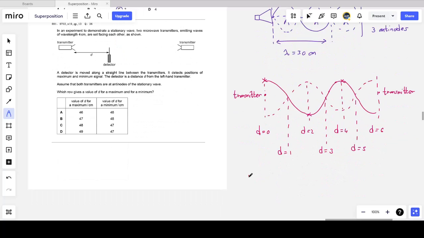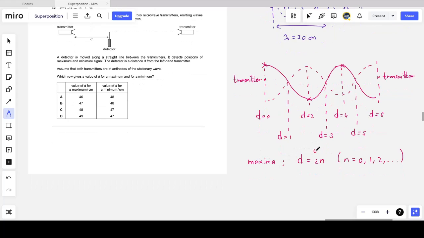So for the maxima, which are the antinodes, the positions of maximum displacement, we have d equal to 2n, where n is just some non-negative integer value, 0, 1, 2, and so on. And this is all even numbers.